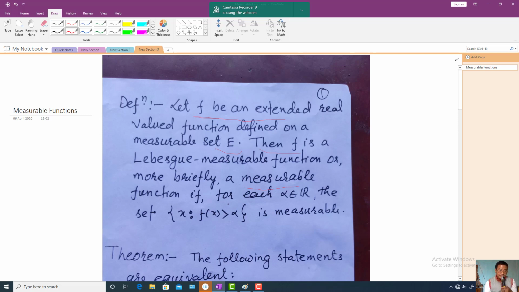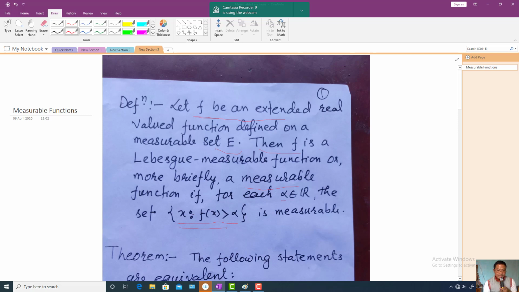You look here very carefully. If for each alpha, for every real number, so this alpha may be any real number, this set, what is this set?